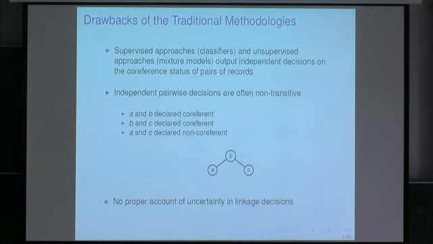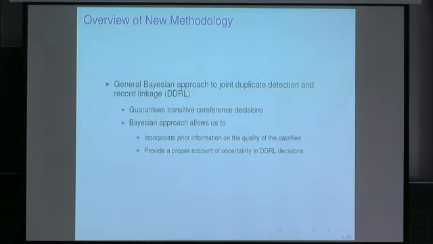So what I did for my thesis was to think about those issues, and so I came up with an approach to do joint duplicate detection and record linkage, and it uses a Bayesian framework. So this framework allows us to guarantee that whatever linkage decisions we take are transitive, and the Bayesian approach allows us to incorporate prior information.